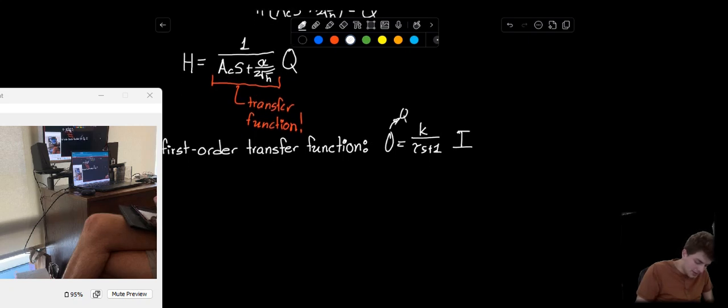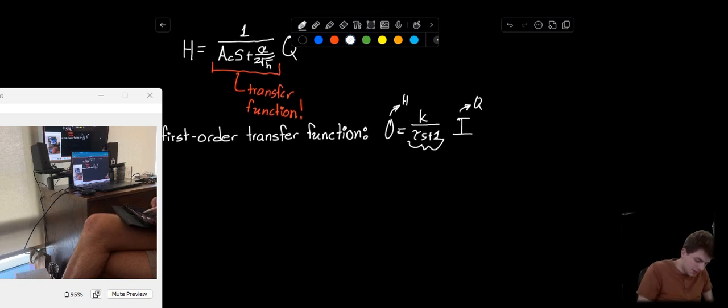Obviously, our output in this case is, sorry, output should be h, input should be q. So how can we manipulate our transfer function to give this form? Well, we're trying to make this term right here 1. So let's factor that out of the bottom, and then pull that out and put it on top to give our k.